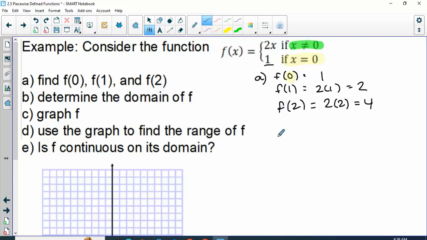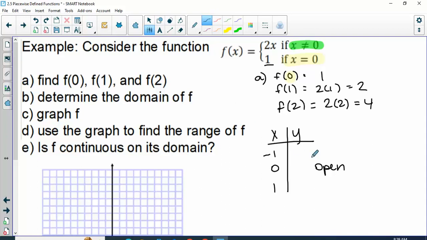Alright, let's graph this and we'll do domain and range from our graph. So we have two pieces. The first one, all it tells me is x cannot equal 0. We have to put in the 0, but what kind of circle would that be? If it's not equal to, it's open. And then I'll do something bigger and something smaller.